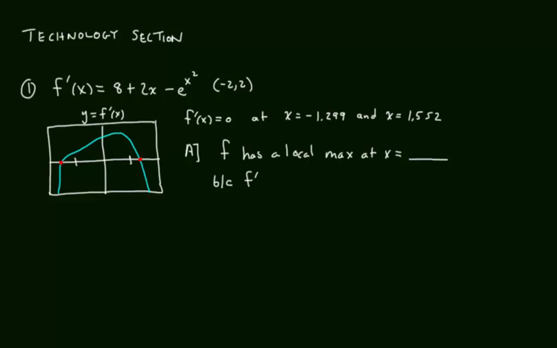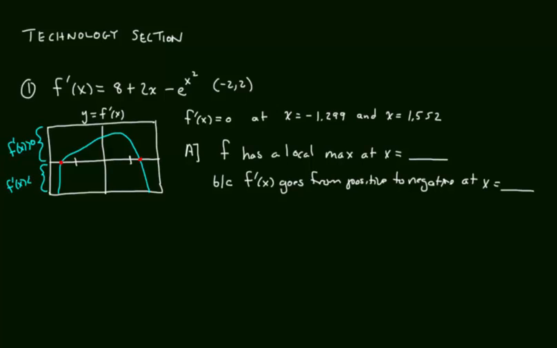It's because f prime of x goes from positive to negative at this x value. So we come over to the graph, and the derivative, when it's positive, means the graph will be above the axis, and when the derivative is negative, the graph of the derivative will be below the x-axis.